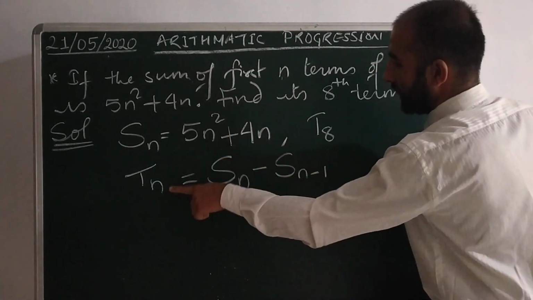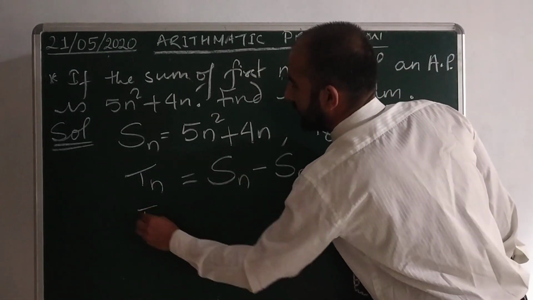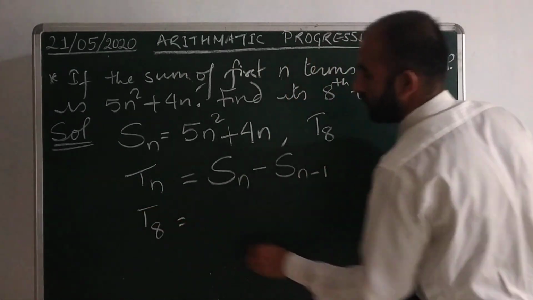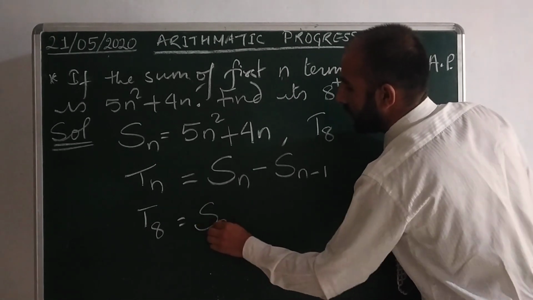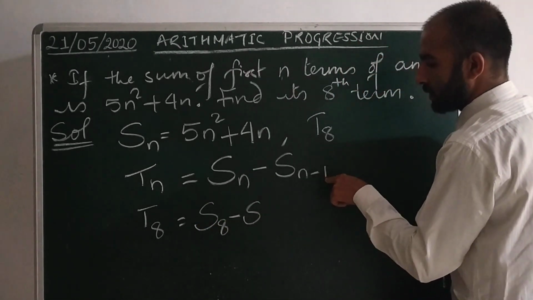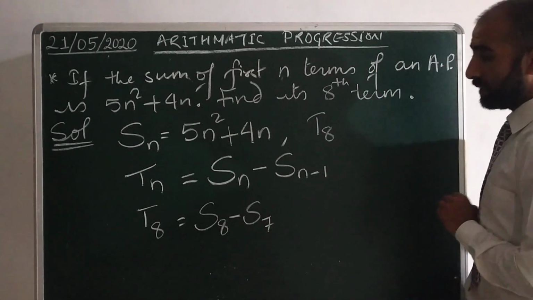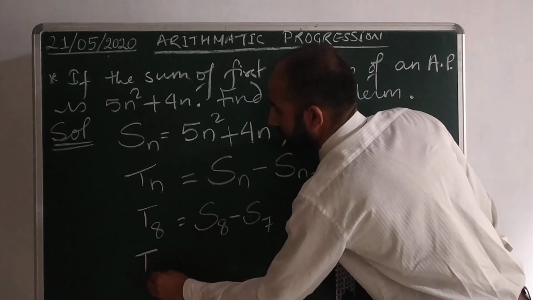Here n is 8. That means T8 will be S8 minus S7. How to find? Let's go for it.